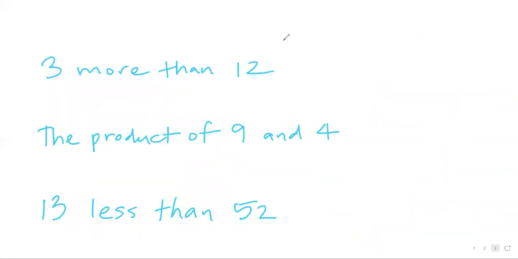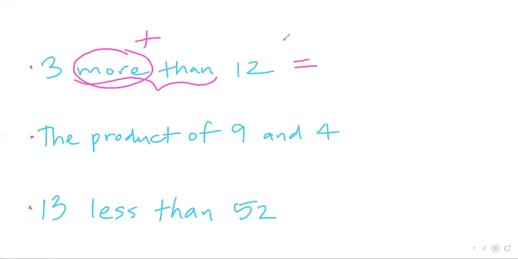So let's take a look at these now that I've made a mess of this board. The whole way that this is ever presented to us is that we have these sentences and then we're asked to turn them into an expression. Again, you have to understand some vocabulary. This piece here is helping me understand what operation I have, right? More than. More is a word that goes with addition.